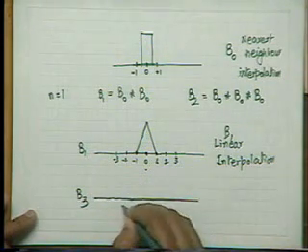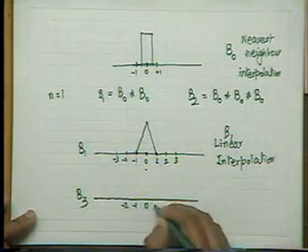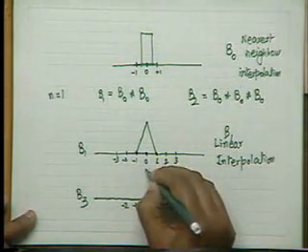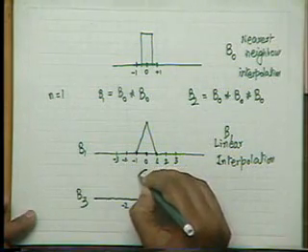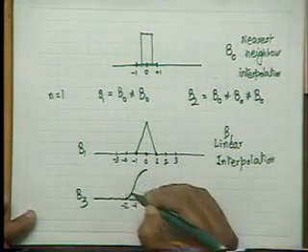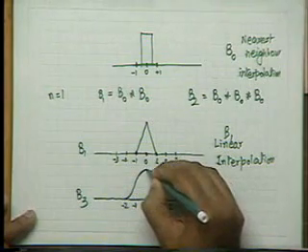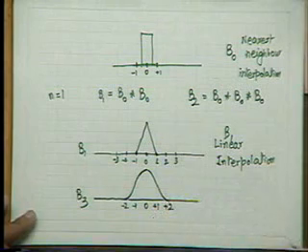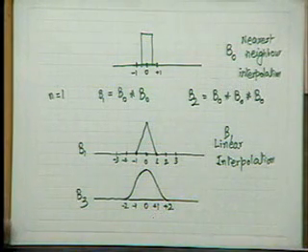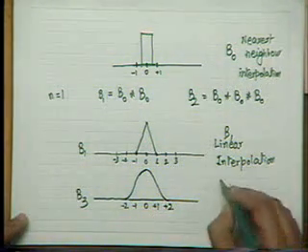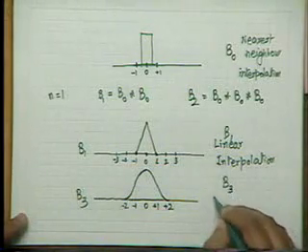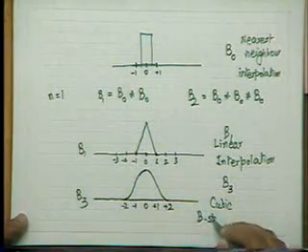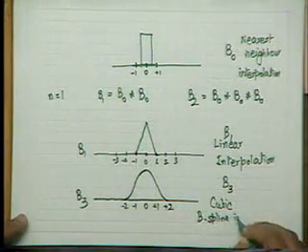Here we have -2, -1, 0, +1, +2, and the function is like this. At -2 it drops down to 0, again symmetrically at +2 it drops down to 0, and this function B3 is called the cubic B-spline interpolation.